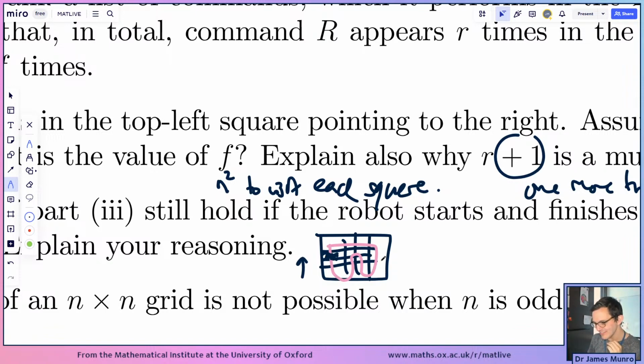Let's make it start over here and go round the tour in this direction. So then it'll start facing right and it ends up facing down. So in that case, r minus 1 is a multiple of 4 rather than r plus 1. I guess this thing about at the end it's facing up is just not true in general. So we should find a counterexample where it finishes not facing north.